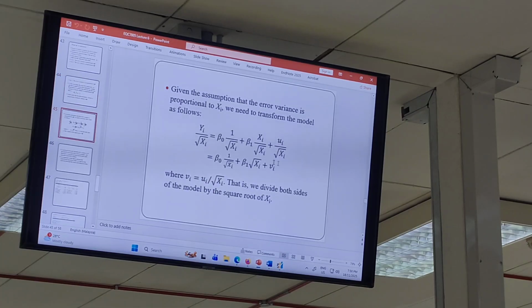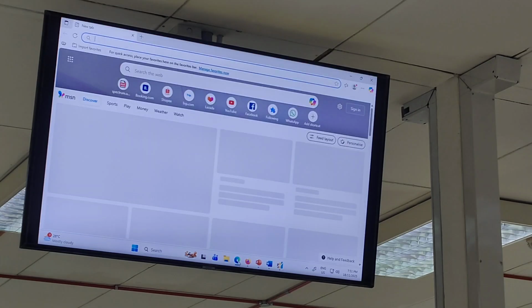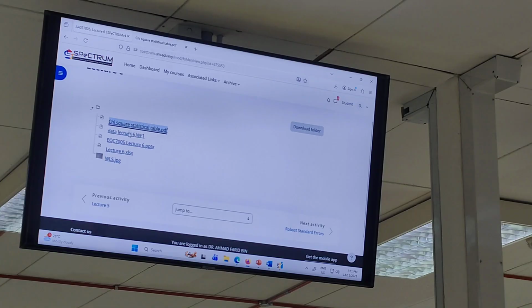But now after we transform, we hope that by transforming the equation like this, we are able to make the new error have an equal spread, the homoscedastic error variance. So look at the proof given here.